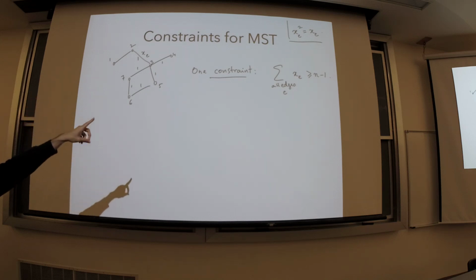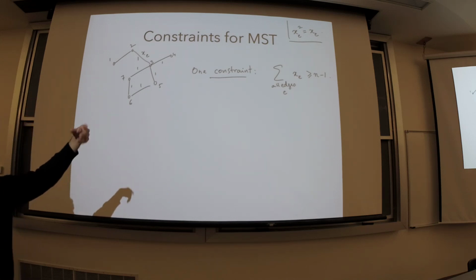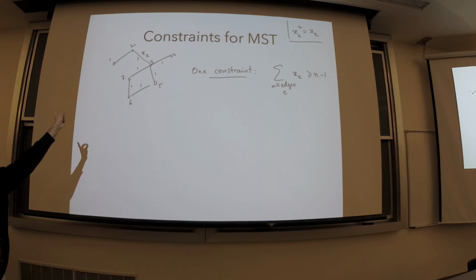So I have satisfied this constraint, but of course I have not connected the last one to everything. So now he will come up with an easy correction which says for every vertex there should be 1 edge out of it, right?